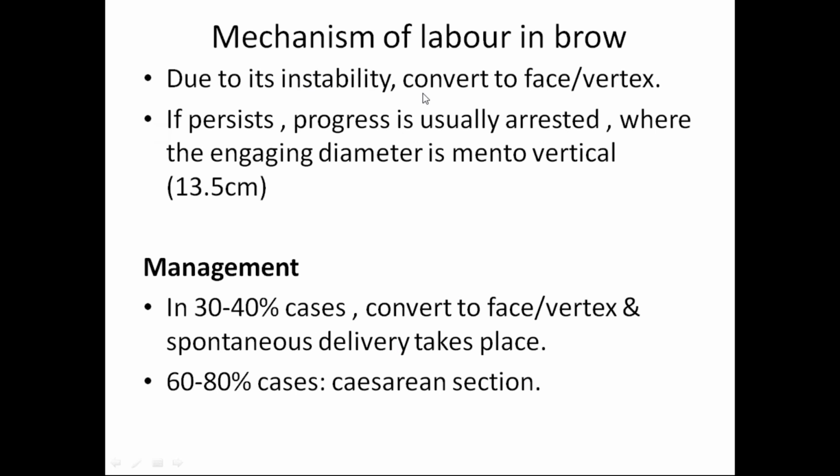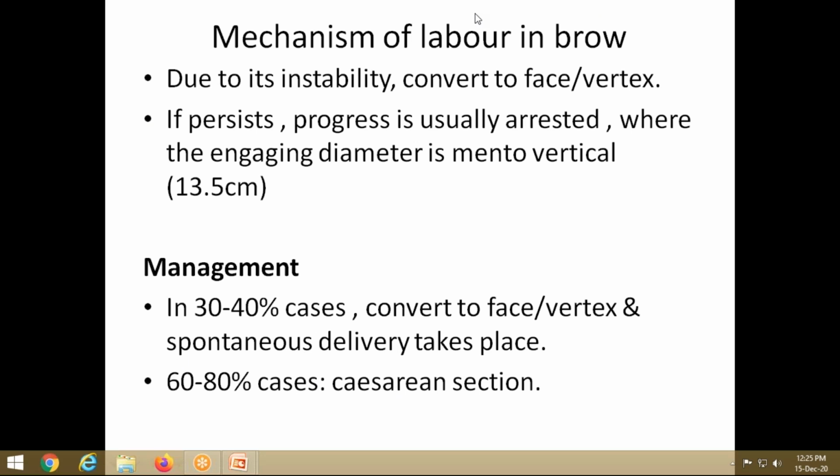Due to instability, it may convert into face or vertex. If it persists, the progress is arrested because the engaging diameter is mentovertical 13.5. In 30 to 40% of the cases, it converts to face or vertex and spontaneous delivery can occur. But in the remaining, where the change has not occurred, you have to do a cesarean section, otherwise obstructed labor and rupture uterus.